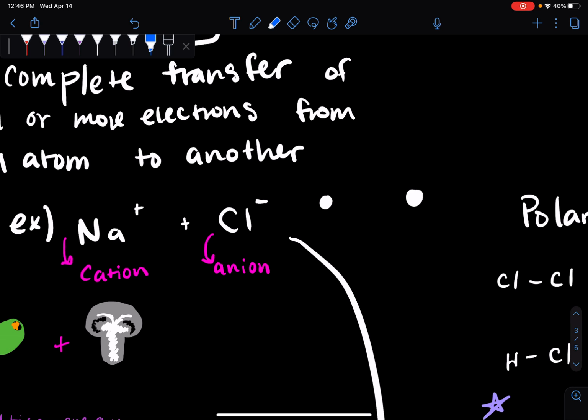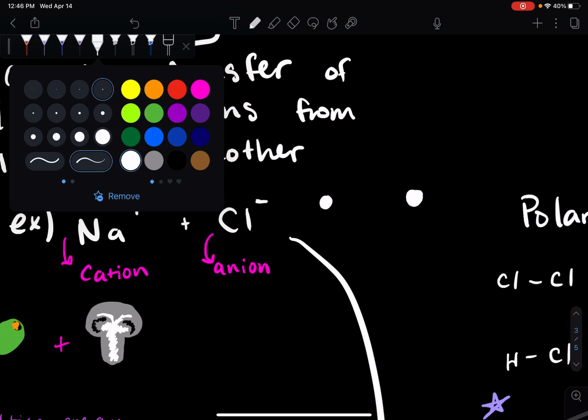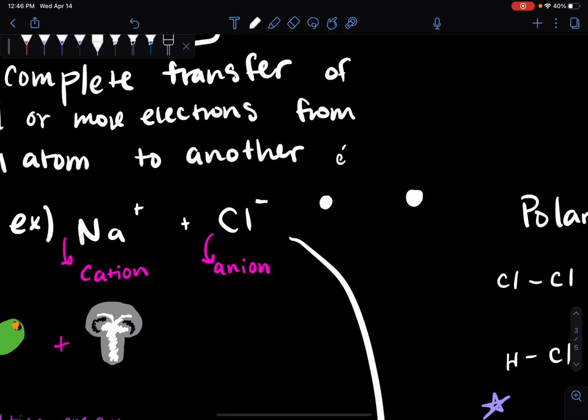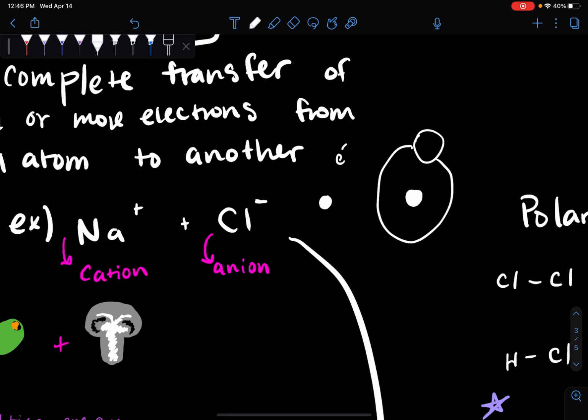Sodium is in the first column, and therefore it has one extra electron in its valence shell that prevents it from being an octet, okay? Whereas chlorine is missing one electron to create a full octet.